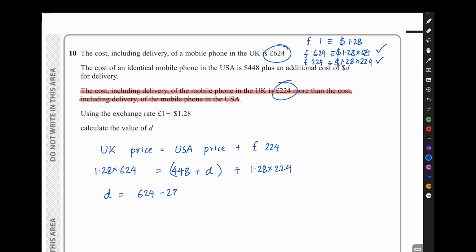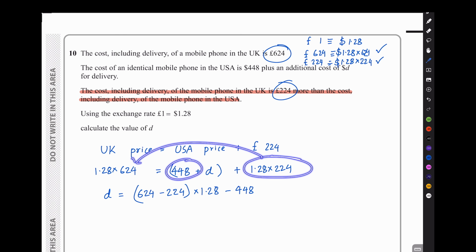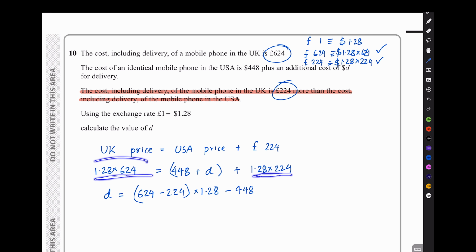624 minus, yeah, this is also one thing you guys could work on. You can clearly see that in the next line you are subtracting this entire thing and also this from this part, right? And you can notice that 1.28 is common between these two terms, okay? So when you are using your calculator, try to take this common, so you won't be writing this number twice.